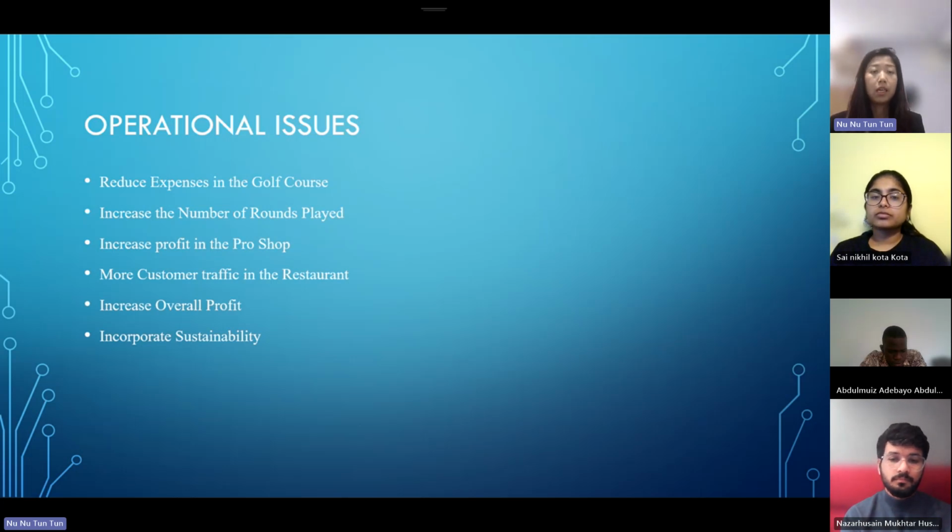Another one is that we need to increase the profit in the pro shop. Currently, the pro shop is making a profit, but the margin is quite low, mainly because of the end of season sale. So for this case, we have to adjust our inventory strategies, our purchasing strategy, as well as the floor plan to target the targeted audience.